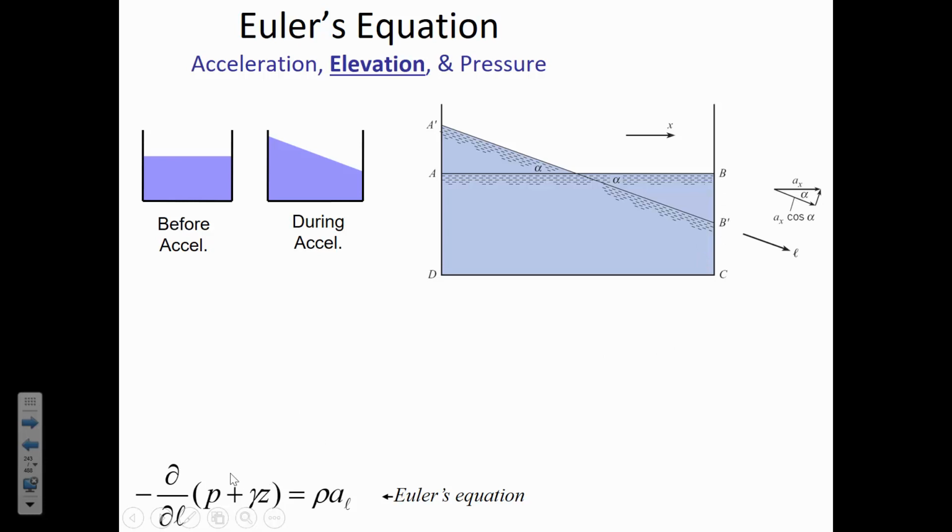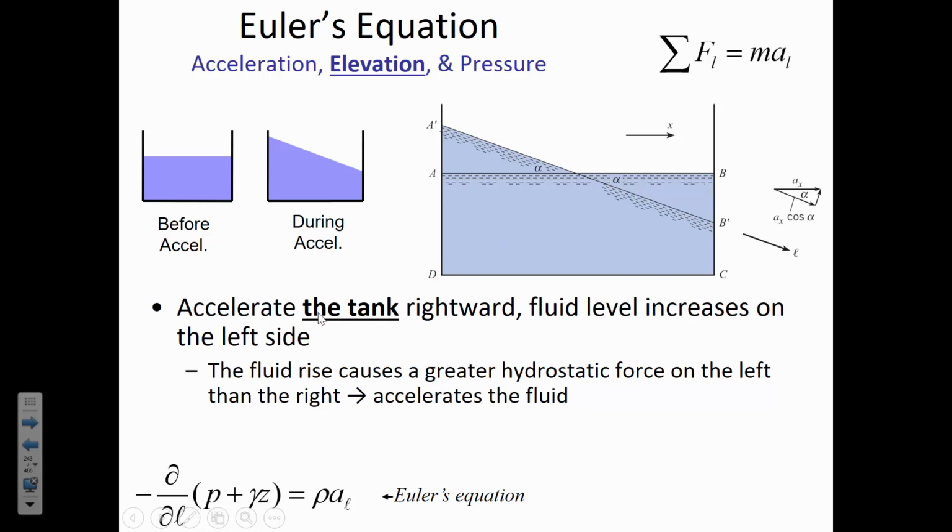Because on the inside of Euler's equation is piezometric pressure. And so what it's actually describing is a change of pressure and elevation in response to an acceleration. So both of those things change when the liquid is open. If it is an enclosed tank, then the only thing that's changing is the pressure. But in this case, since it's open to the atmosphere, both the pressure and the elevation are responding to that acceleration.